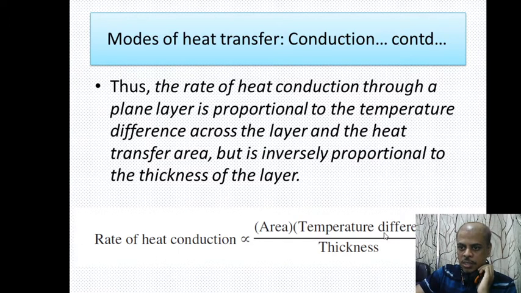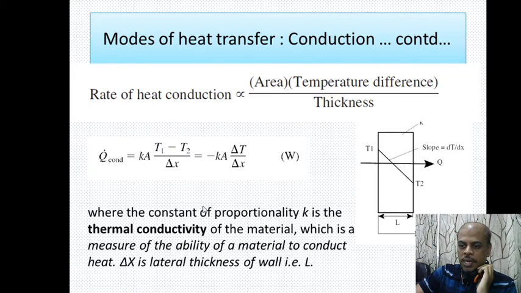Let us try to see it as a mathematical expression. So this is Q, the conduction heat, delta T is the temperature difference, A is the area, and the thickness is delta X, which is the thickness of the wall, you can see in the diagram itself. And what is this K?